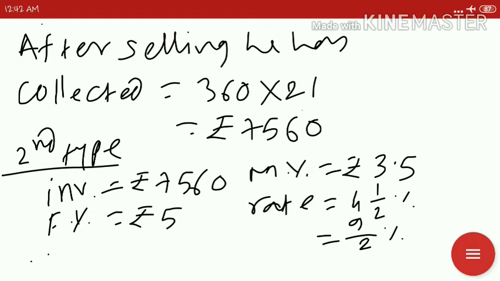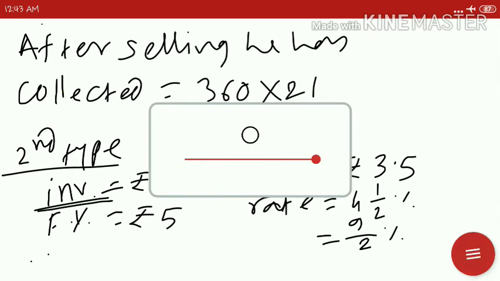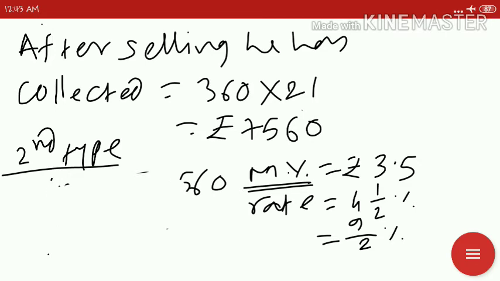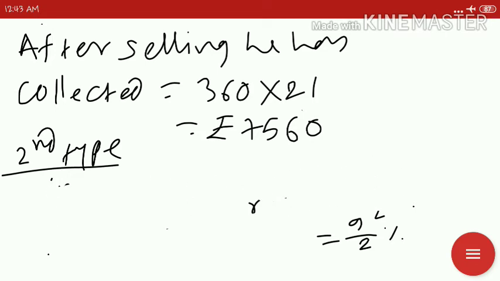For that one we have to find the dividend again, but for the dividend we need values like the face value, the rate and the number of shares, but the number of shares is not given. Instead, the investment and the market value we know. And I hope you have learned how to find the number of shares when the investment and market value are given. Simply by dividing them, you can find the number of shares. So we are going to apply that to find the dividend, and we will put that directly.